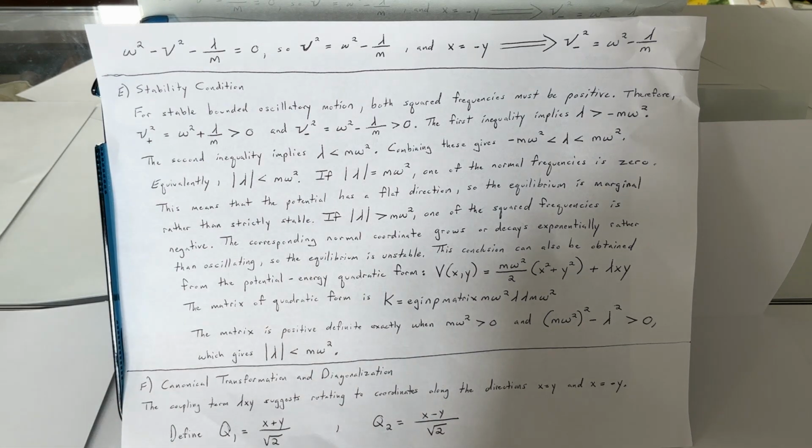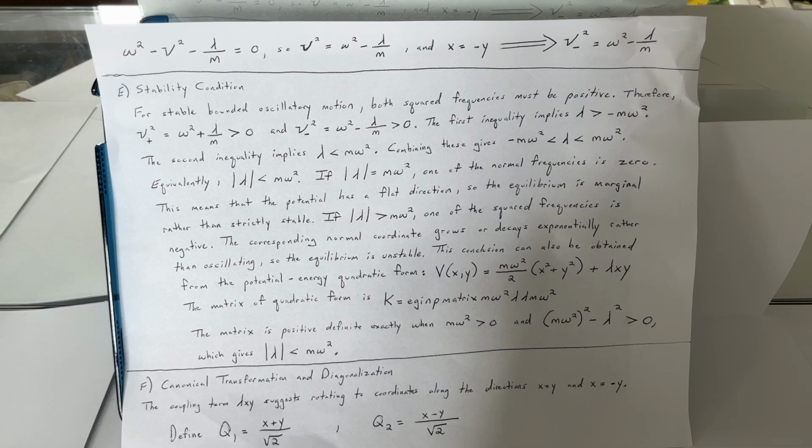This means that the potential has a flat direction, so the equilibrium is marginal rather than stable. And if the absolute value of λ is greater than mω², one of the squared frequencies is negative. The corresponding normal coordinate grows or decays exponentially rather than oscillating, so the equilibrium is unstable.